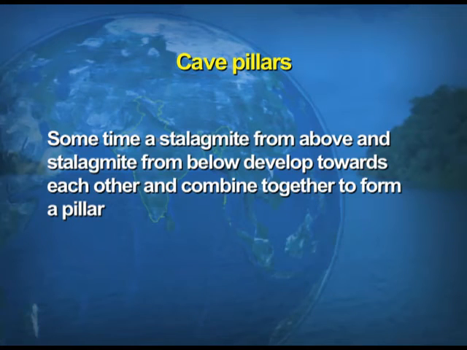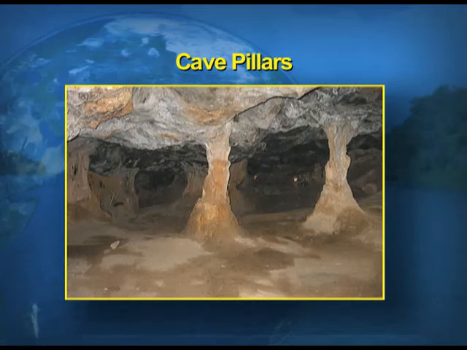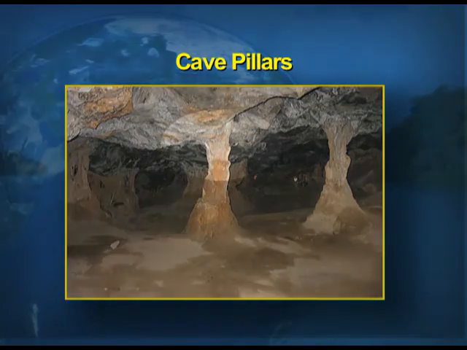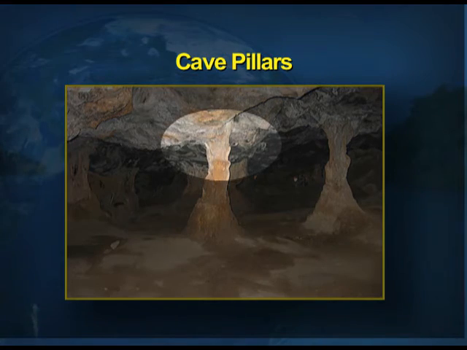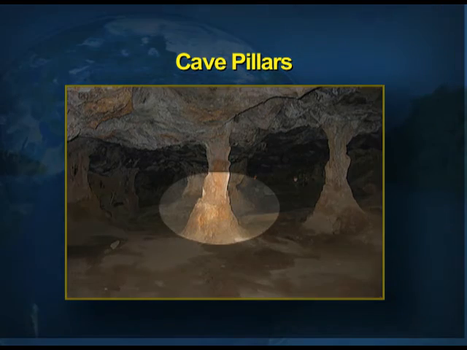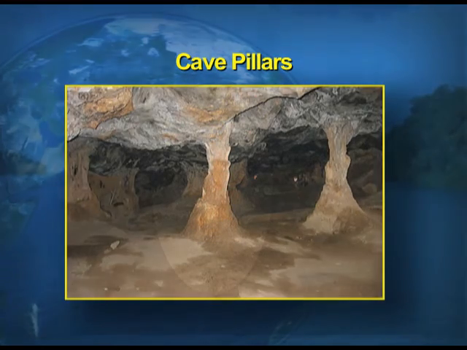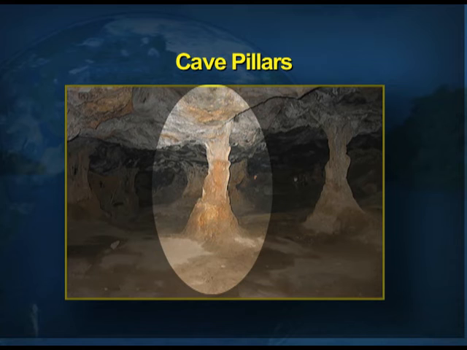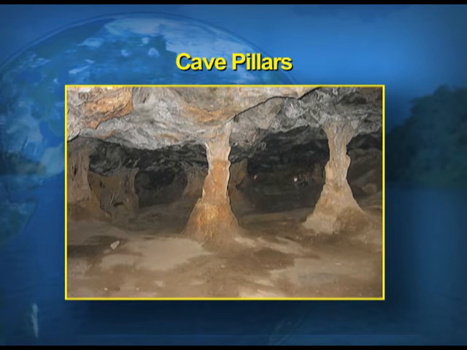That feature is known as a cave pillar. This visual shows you how the stalactite from the roof of the cave and the stalagmite from the floor of the cave expand, and at one point of time they meet and join each other, forming the cave pillar.